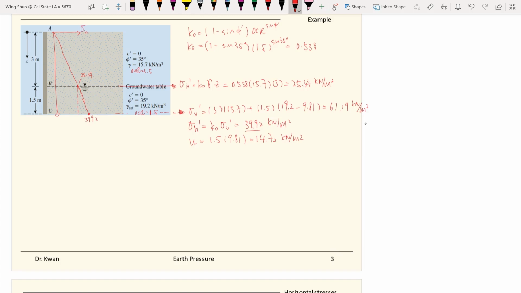So here is the horizontal stress we are working with, in terms of kilonewtons per square meter.